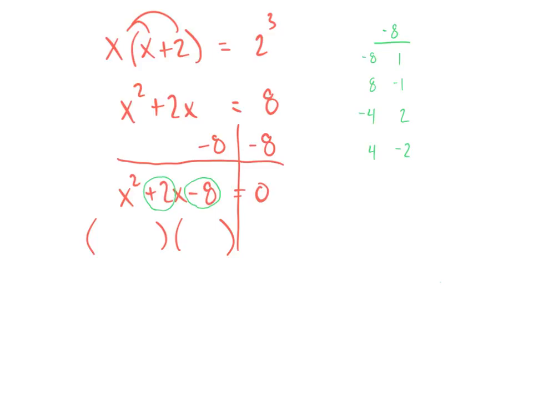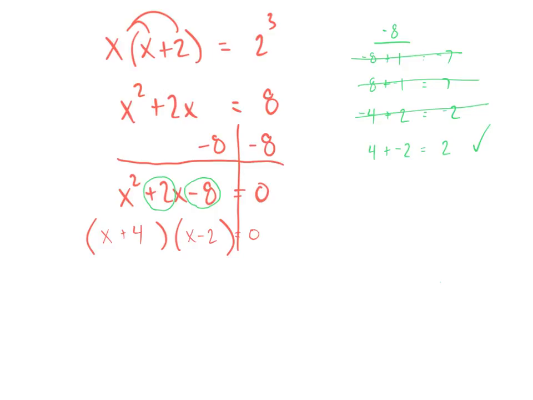Negative 8 plus 1 is negative 7. That's out. 8 plus negative 1 is 7. That's out. Negative 4 plus 2 is negative 2. That's not it. And 4 plus negative 2 is 2. That's what we're looking for. So we make sure that our double bubble is x plus 4 and x minus 2.